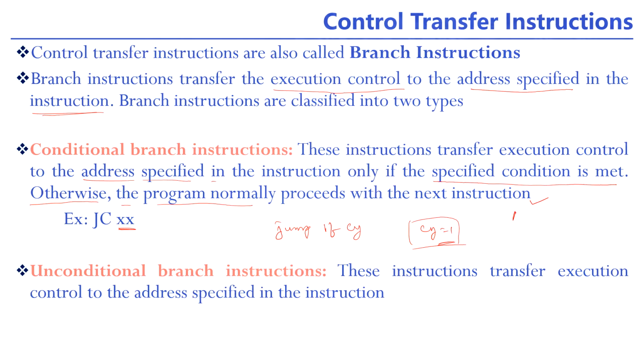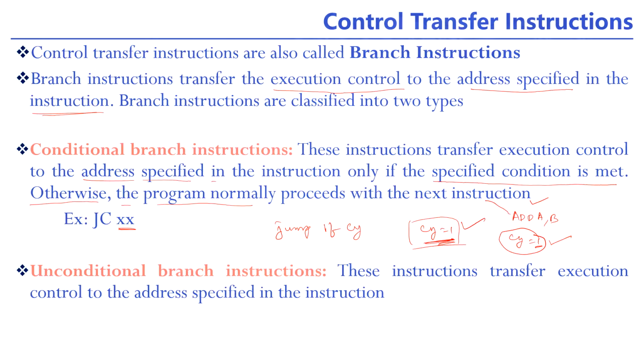Let us consider I performed an operation ADD A comma B. After this operation, let us assume the carry flag is equal to 1. I am checking whether the carry flag is equal to 1 within this instruction. So after the instruction carry is equal to 1, and I am also checking the carry flag.